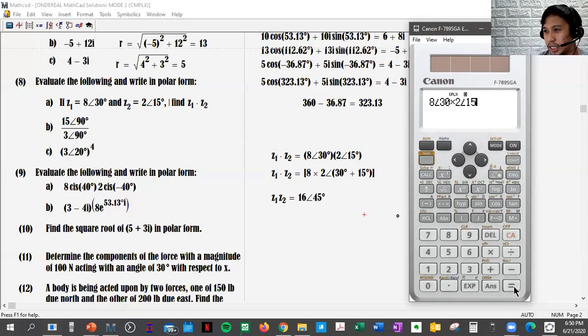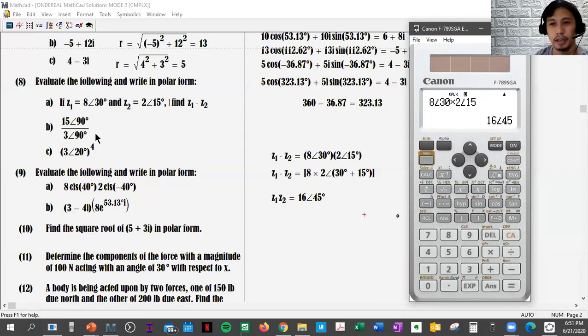So expect to have 16 angle 45. Well, this is the result. It's because the default setup is in the form a plus bi. But if we want that in polar form, we change it to R angle theta. So that is 16 angle 45.